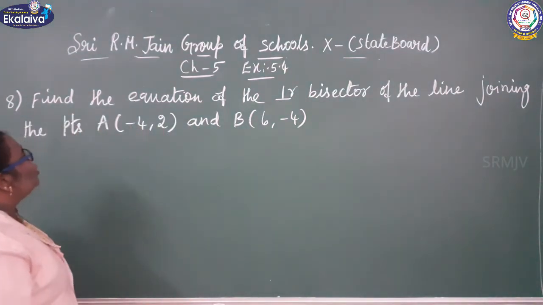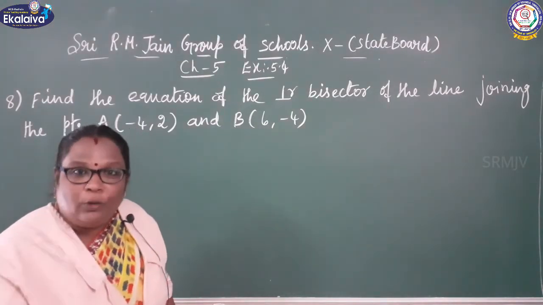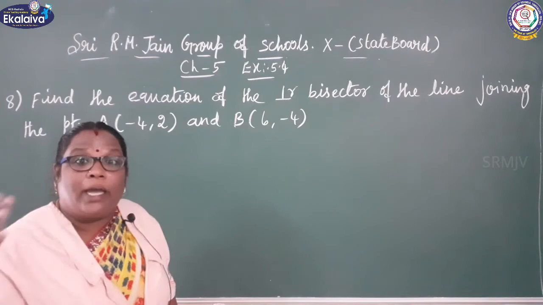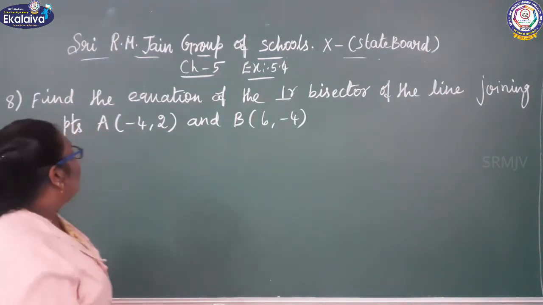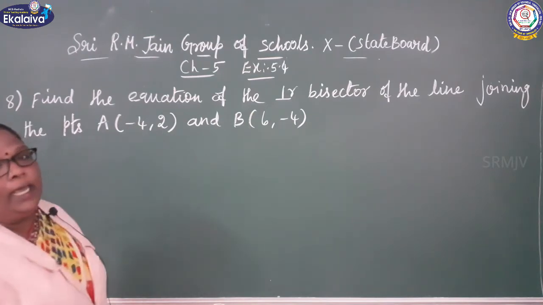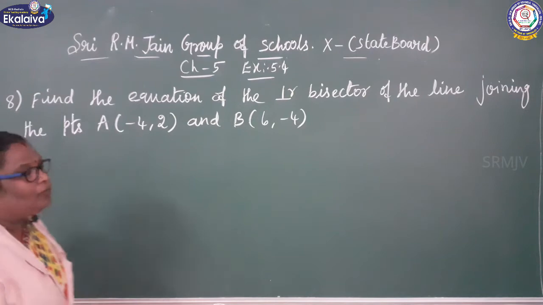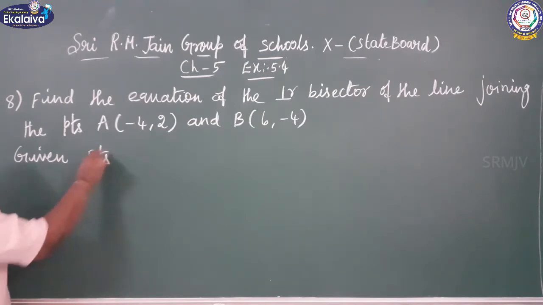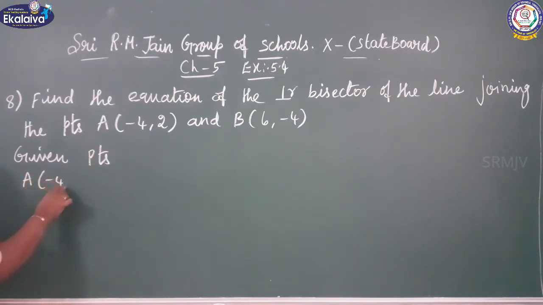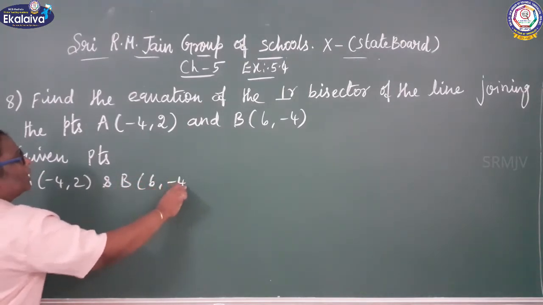First find the value of m, then move on to minus 1 by m, because it is the perpendicular bisector of the line joining the points A minus 4 comma 2 and B 6 comma minus 4.